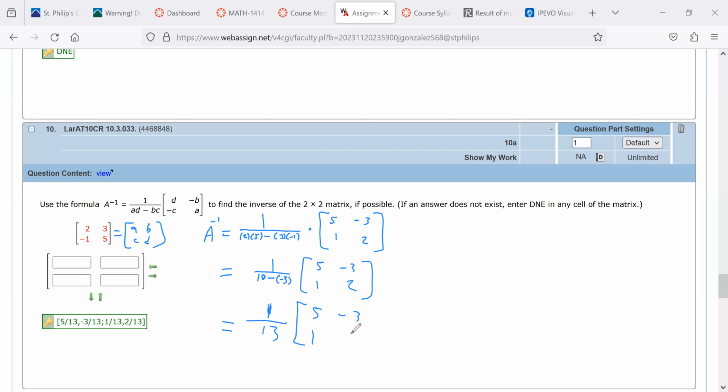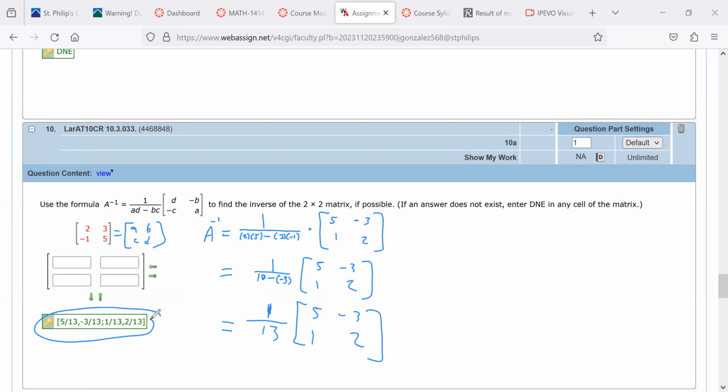Remember how, you guys remember how you multiply scalars, right? So all you gotta do is multiply every single number times 1 over 13, you'll get this right here.